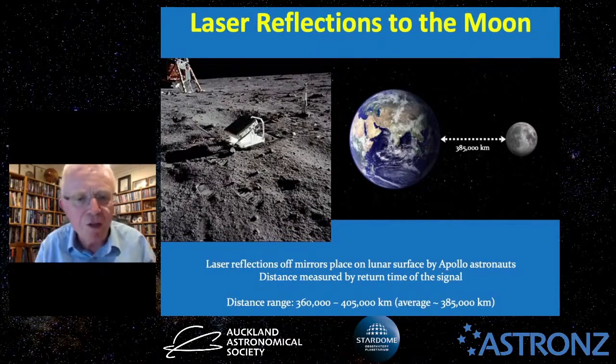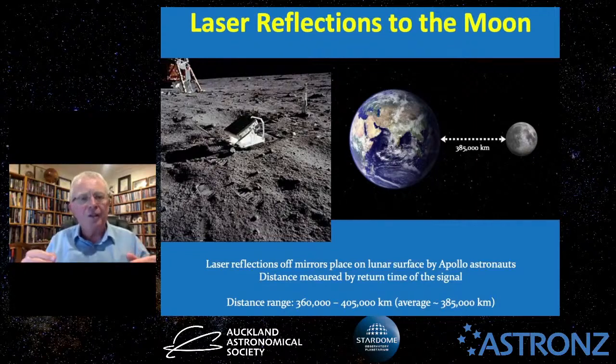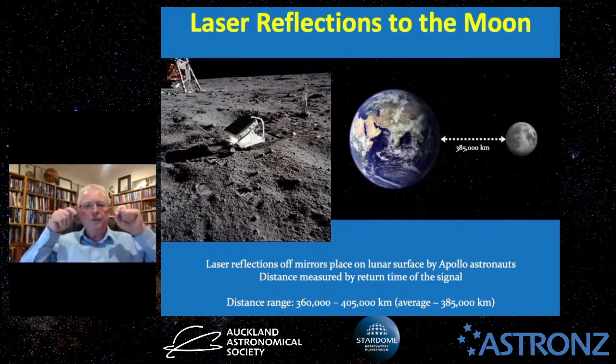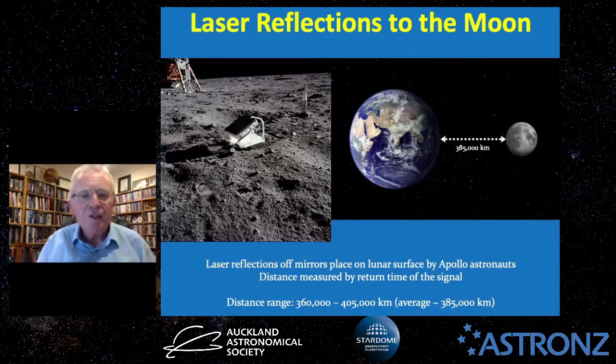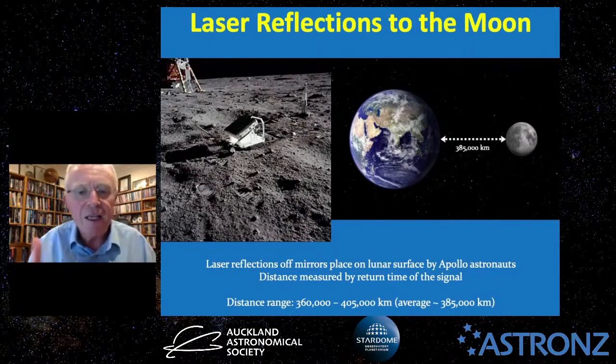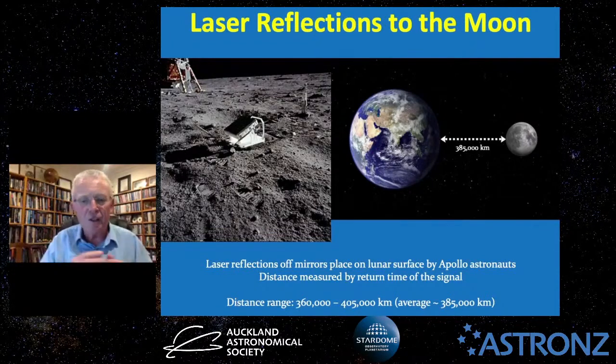The point was that it enabled scientists on Earth to fire a laser beam to the moon's surface, strike that reflector, and it would reflect back to Earth again. And of course, it's light, and they know the speed of light pretty accurately. So they just had to time the return trip from Earth to the moon and back again, and from there it's easy. You just calculate the distance.